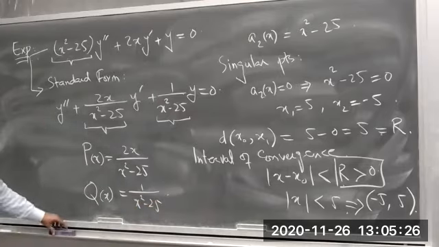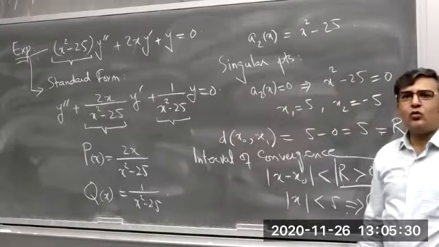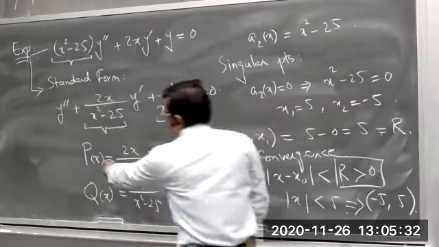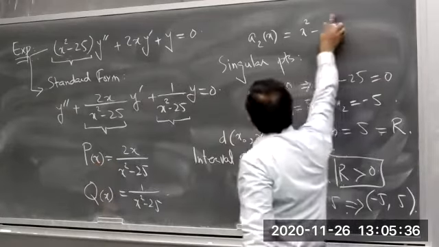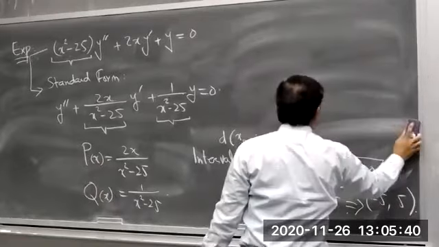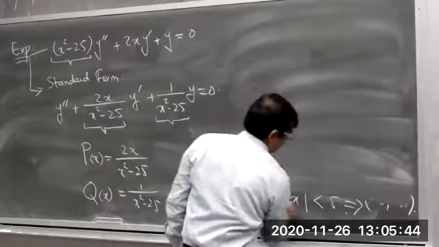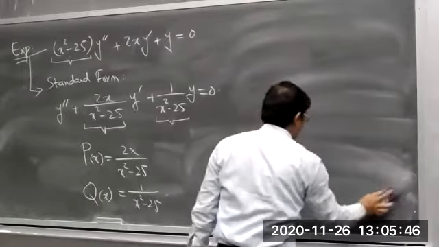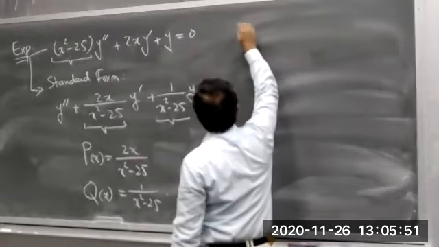The other way of finding the singular points is that we look at these functions P of x and Q of x. All those points where P of x and Q of x are not continuous or differentiable are singular points.